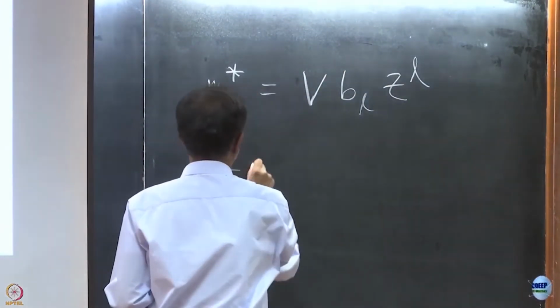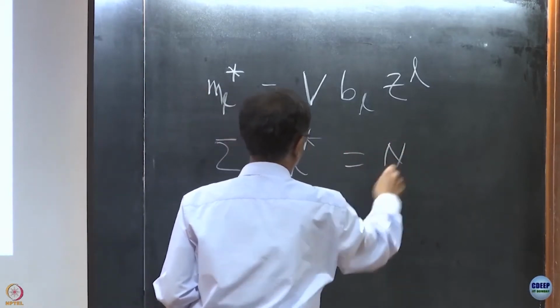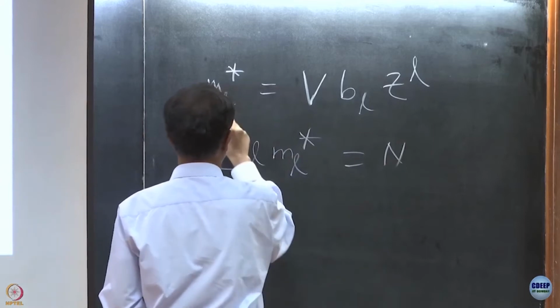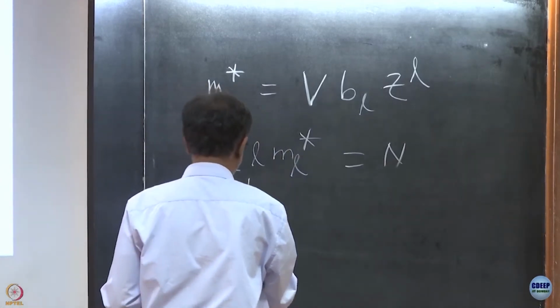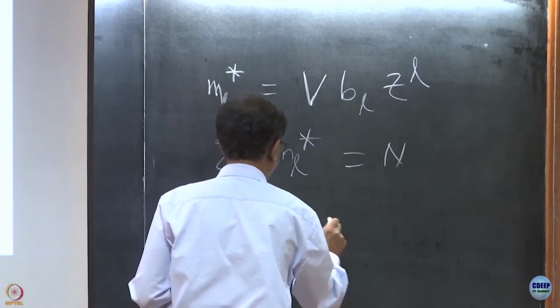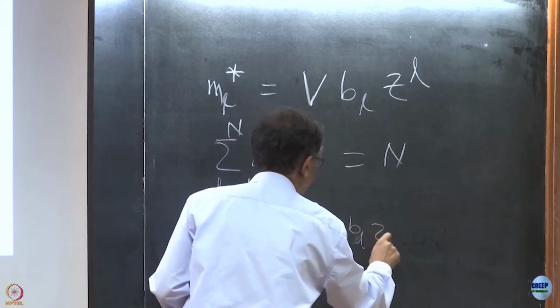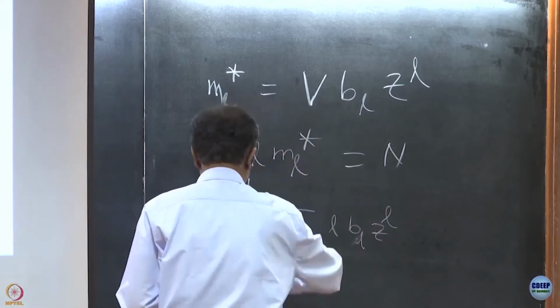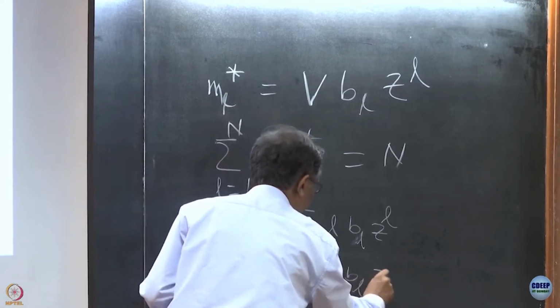Once I get that, I multiply it. That must satisfy n. I do that, multiply by l, and then I get n, the sum over l of l bl z to the power l, then I get the density equal to sum of l bl z to the power l.